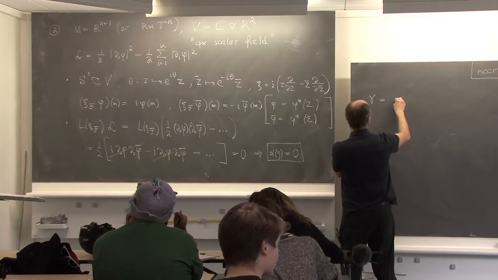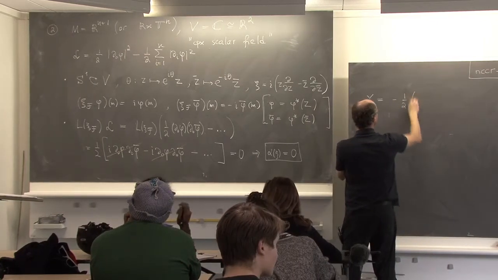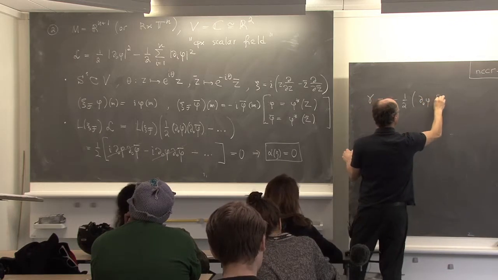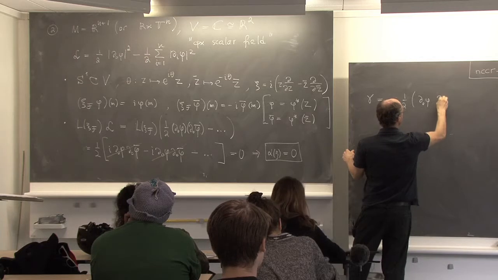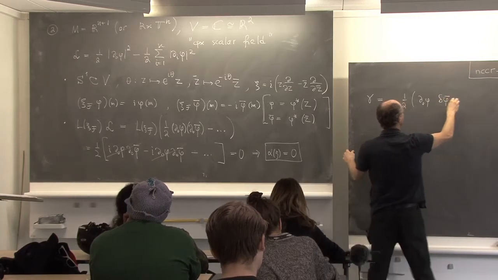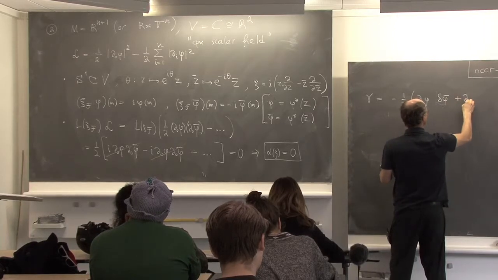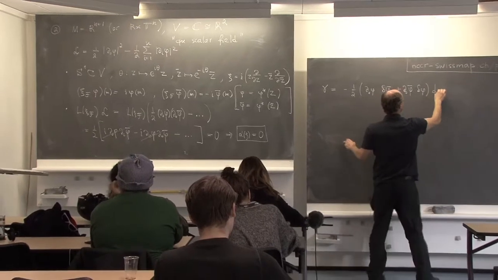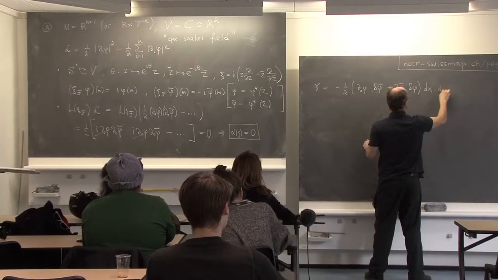I think the first term will be minus 1/2 d0 phi, delta phi bar plus d0 phi bar delta phi, dx1 dxn.